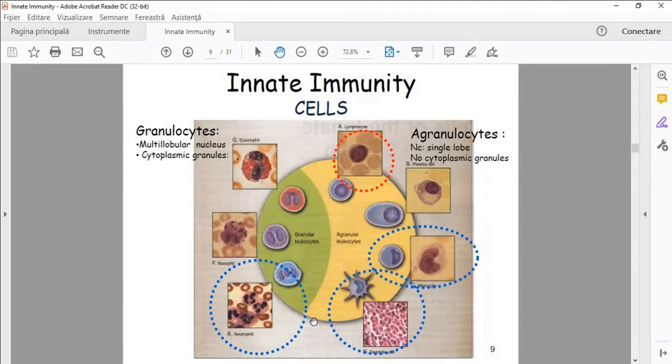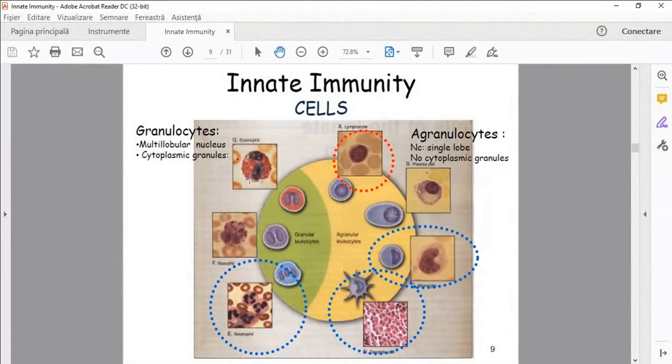All of these granulocytes have different functions, but neutrophils are the best known phagocytes, non-specific phagocytes, and they are the most numerous and are effective in killing bacteria.